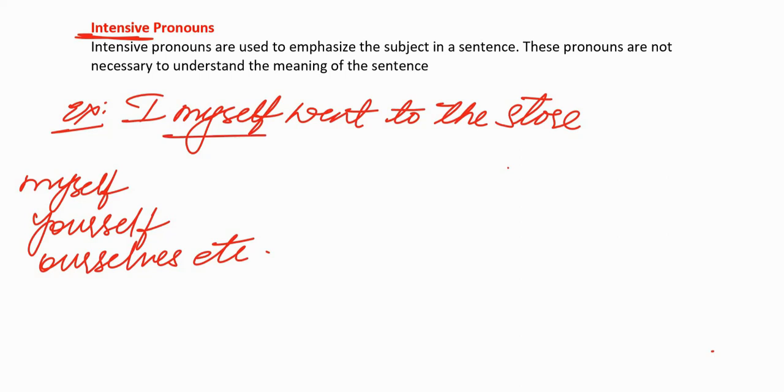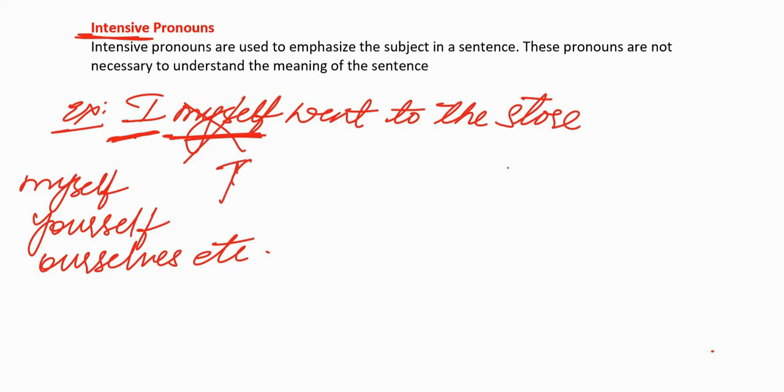This myself is an intensive pronoun because it is intensifying or strengthening or emphasizing the subject I in the sentence. If we remove this myself, it gives the same meaning. We don't have to use the intensive pronoun here to understand the meaning of the sentence. Even if we don't use it, it still gives the same meaning.